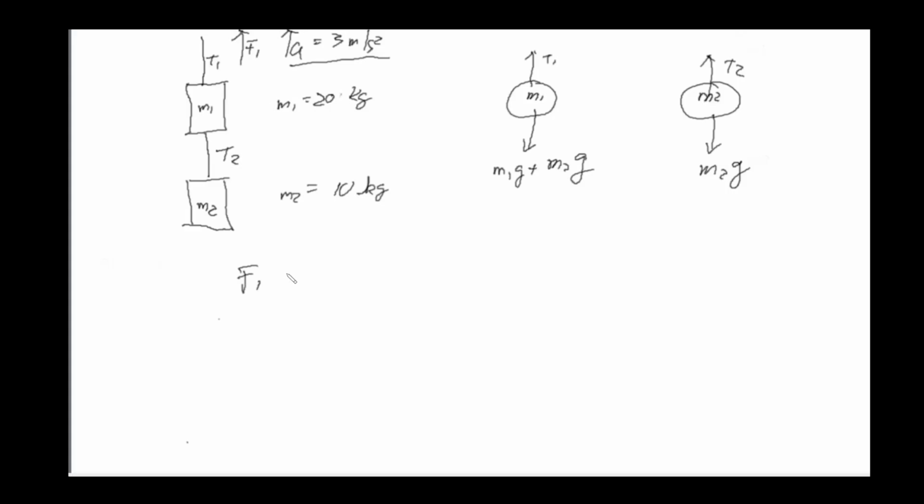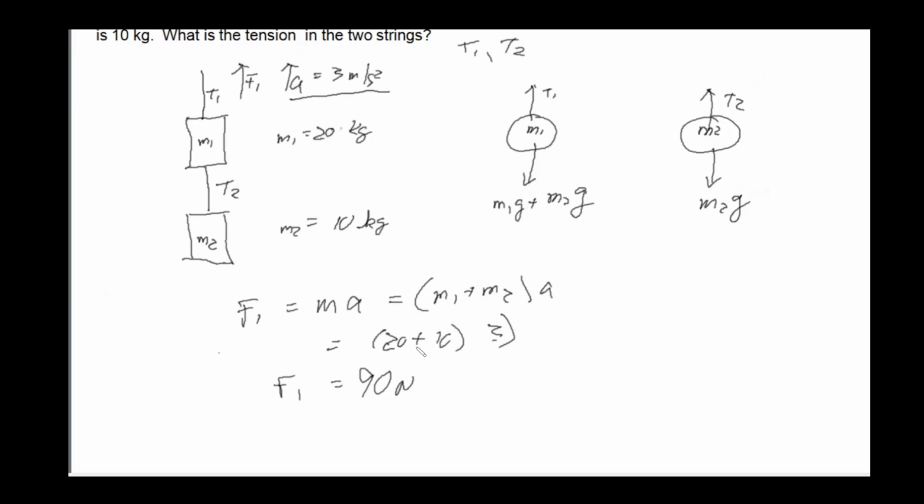So F1 is going to equal the total mass times acceleration, which is mass 1 plus mass 2 times acceleration, which is equal to 20 plus 10 times 3, which is equal to 90 newtons. So 90 newtons is the force pulling the whole mass up.